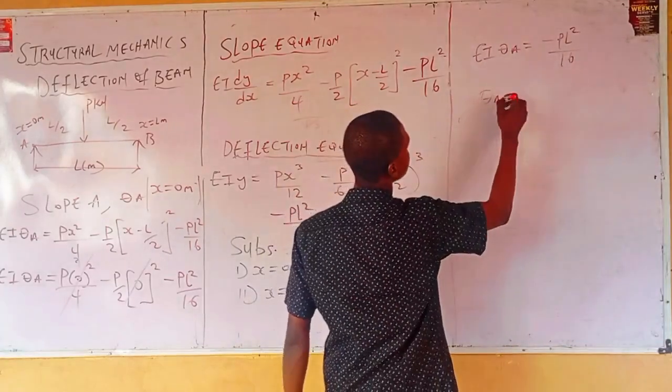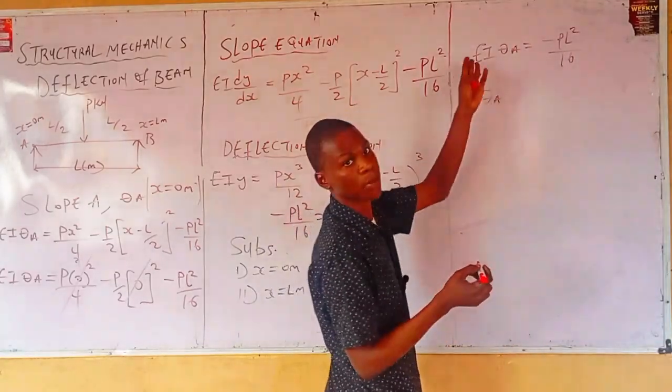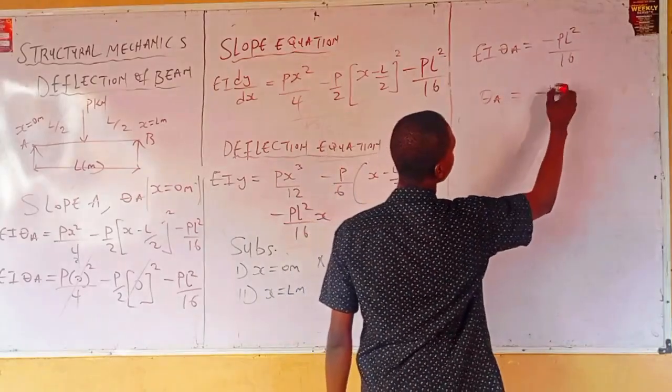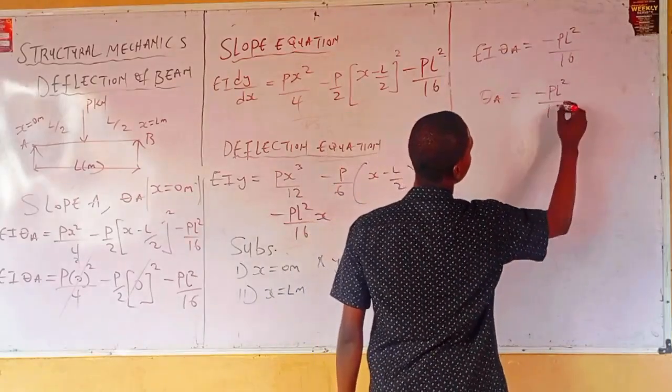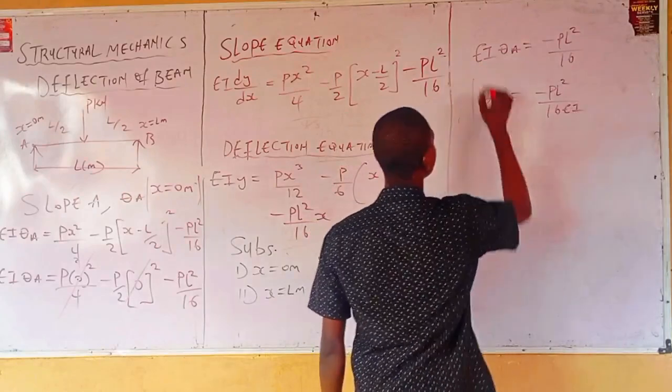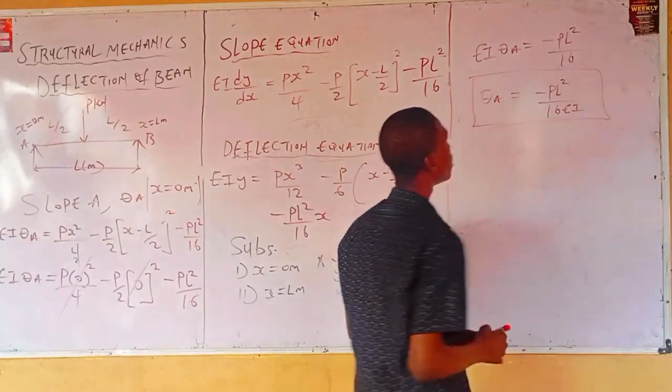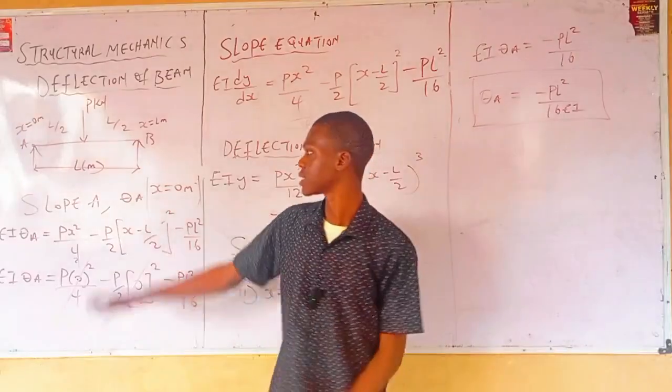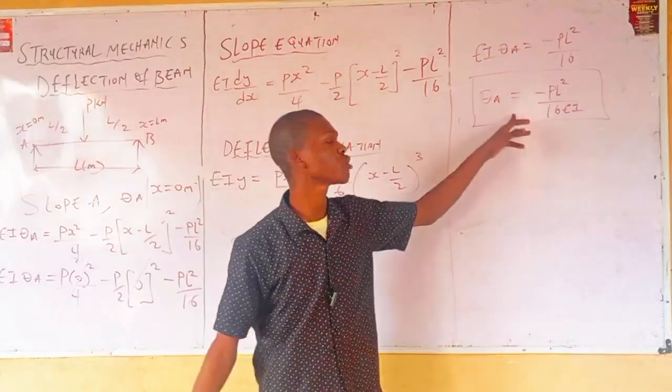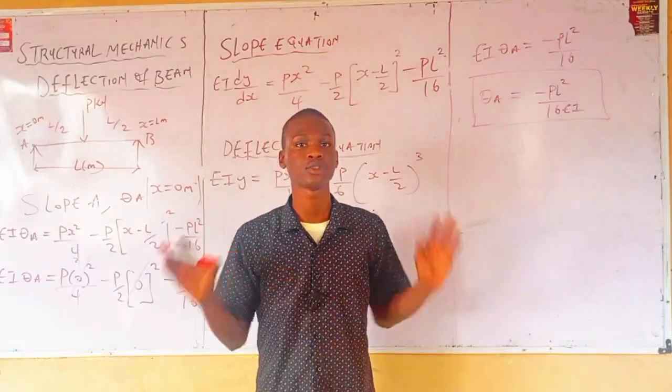Make theta A the subject of the formula, that is divide both sides by EI. Theta A is equal to negative PL squared over 16EI. This becomes the slope formula. This becomes your slope at A. So this is the equation for slope at A, and that's how it works.